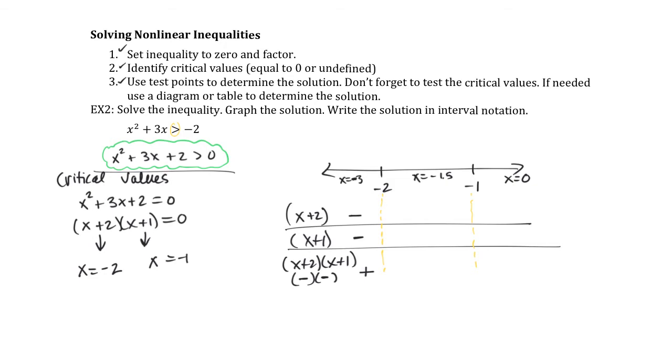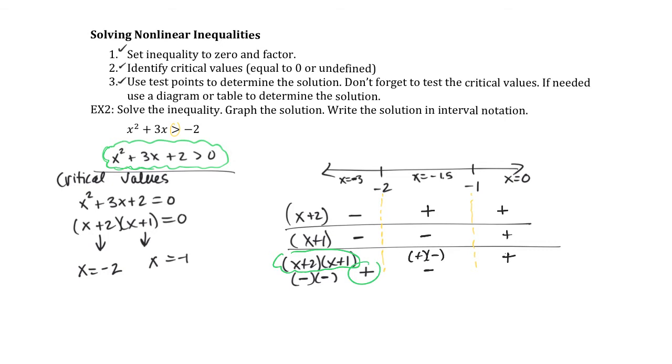Same thing here: -1.5 plus 2 is positive, -1.5 plus 1 is negative, and a positive times a negative is negative. And at 0, we're positive, positive, and positive. Now I'm looking to see when my function is greater than 0.